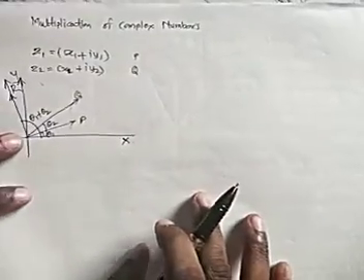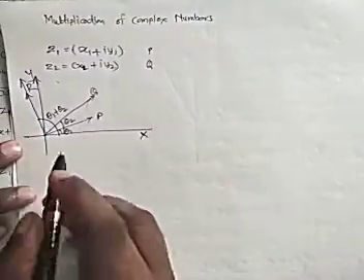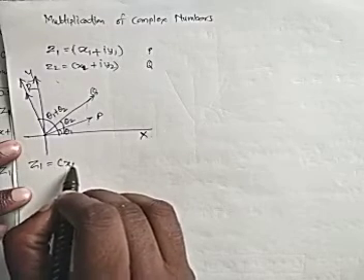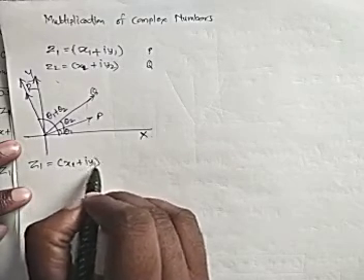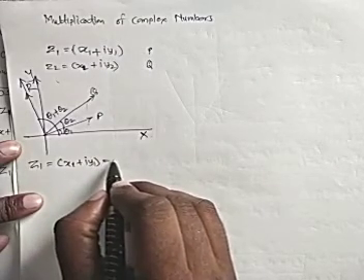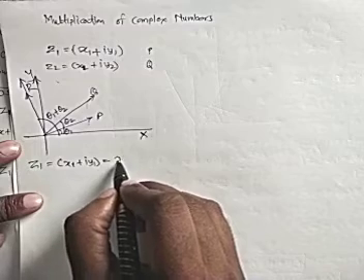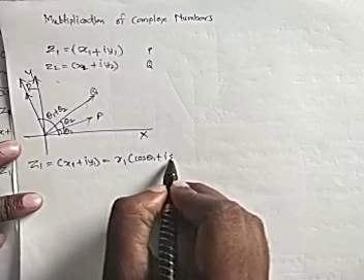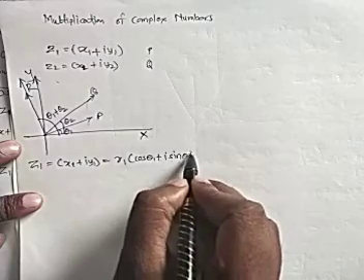We consider Z1 is equal to x1 plus I times y1. This is also represented as R1 times cos of theta 1 plus I times sin of theta 1.